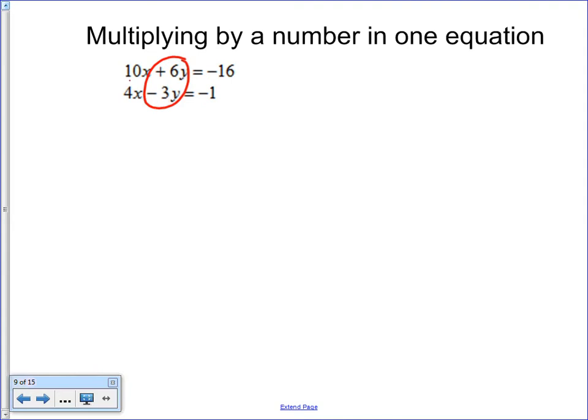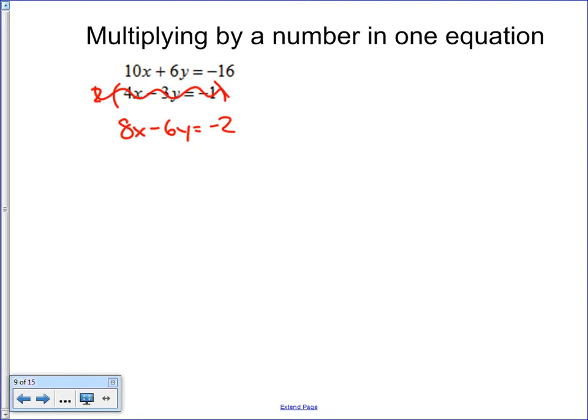Is there anything I can multiply by the 3 or the 6 to get that cancellation to happen? So you might be thinking that, well, hey, I can just multiply -3y by 2. And what that's going to do is give me a -6y for that middle term. So we'll get that opposite to happen. So 8x minus 6y will equal a -2.